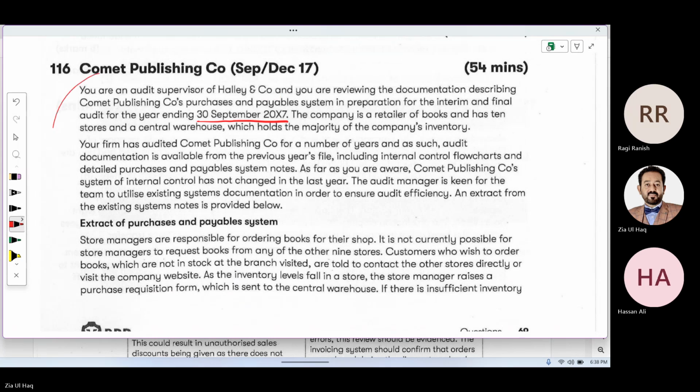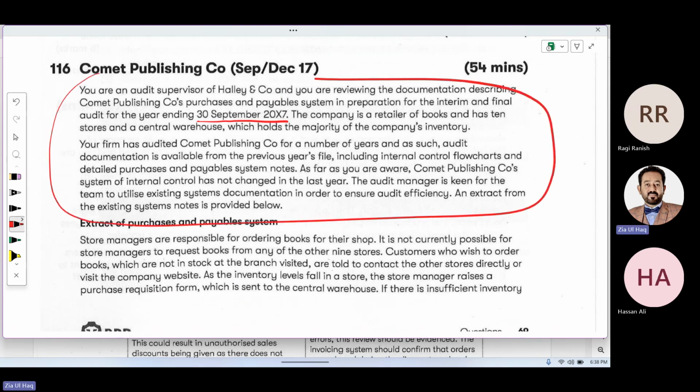There is nothing relating to our requirement in this paragraph. Existing system documentation is one. The company's system has not changed, and you were the auditor in the previous year as well. In the previous year, you obtained the understanding of the entity and its controls, and you wrote down the notes. Now you are understanding the system through those notes.